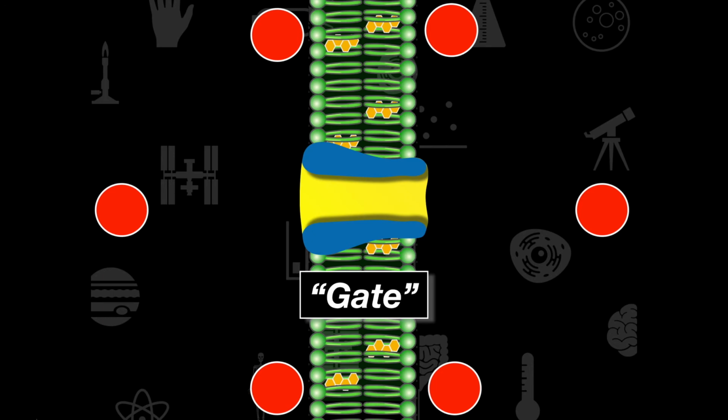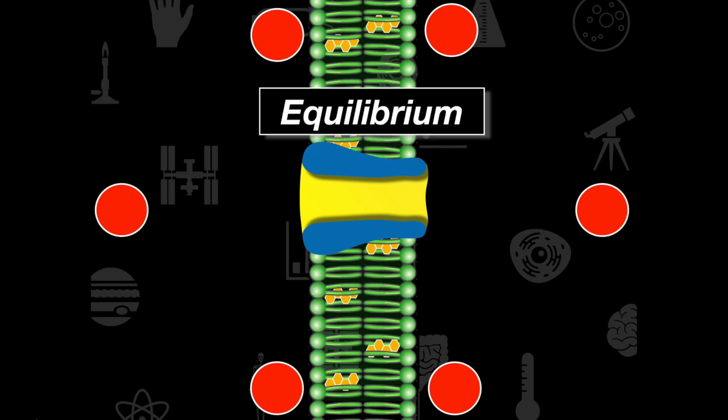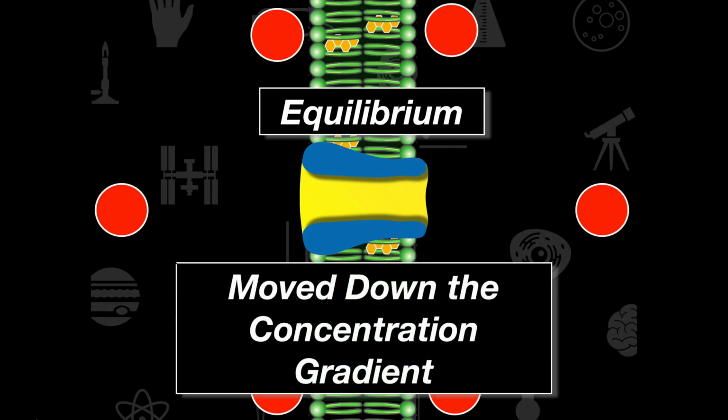What's going to happen? They're going to spread out as far apart as they possibly can, in equilibrium amongst both sides of the gate. Equilibrium is achieved when the molecules have spread out as far apart from each other as they possibly can, and we can say that they have moved down their concentration gradient.